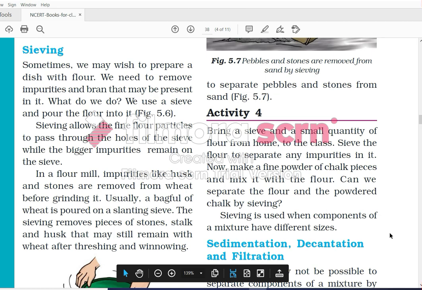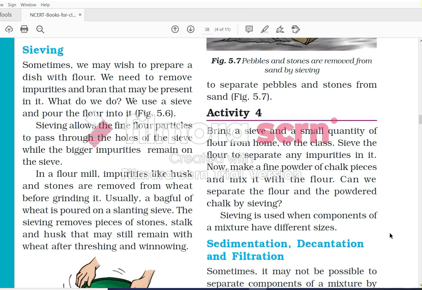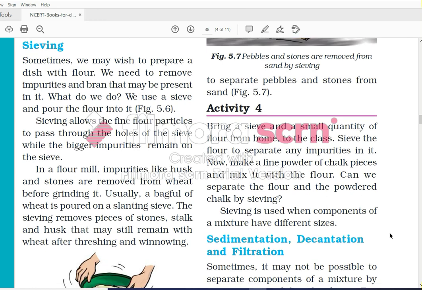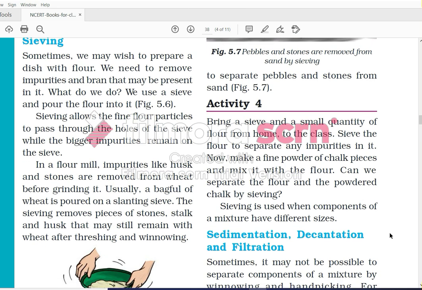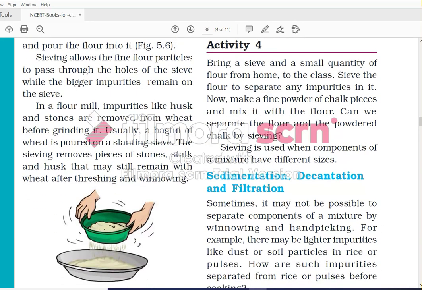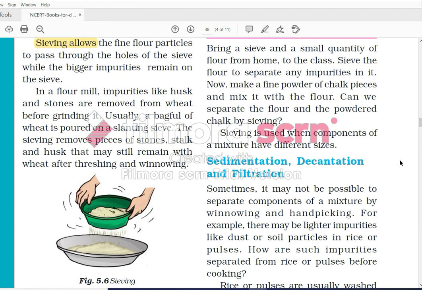Sometimes we may wish to prepare a dish with flour. We need to remove impurities and bran that may be present in it. What do we do? We use a sieve and pour the flour into it. The sieve allows the fine flour particles to pass through its holes, while the bigger impurities remain on the sieve.